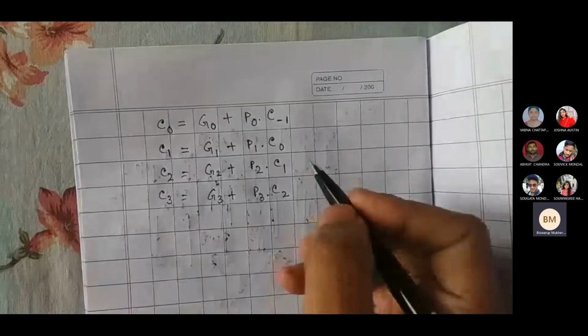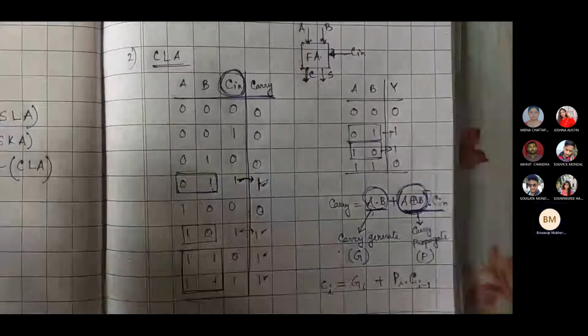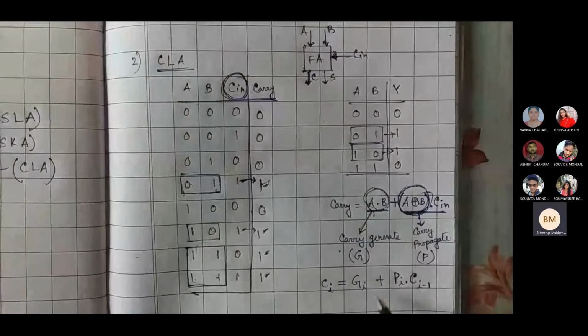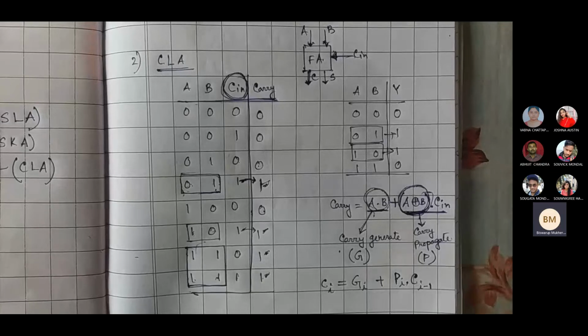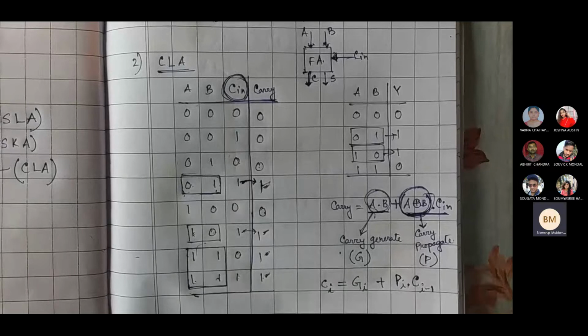So we can write it in such a manner. Is that clear up to this? In general, it is Gi, carry generate, plus carry propagate dot the previous carry. We can write it like this, right?